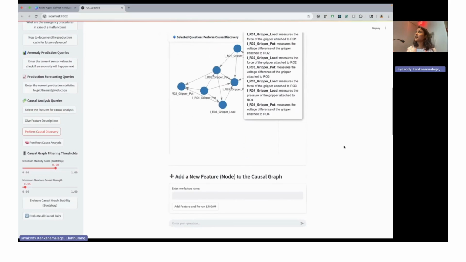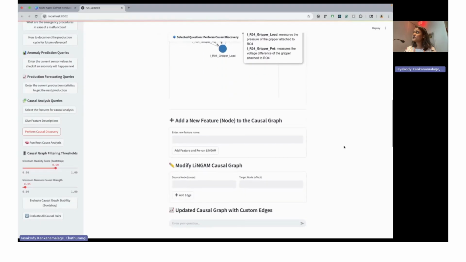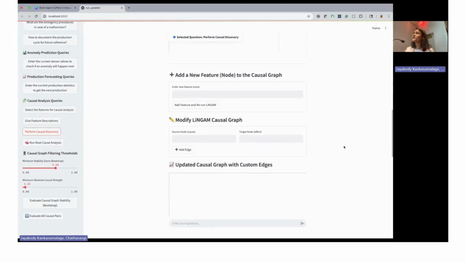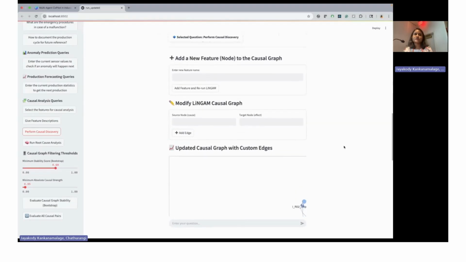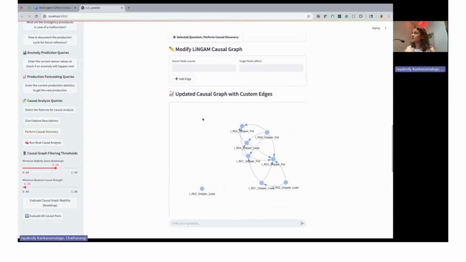And this is a pretty user-friendly interface where the user can add more variables and see how the initial causal graph will change accordingly. This is the canvas where the user can edit and engage more interactively with the system.